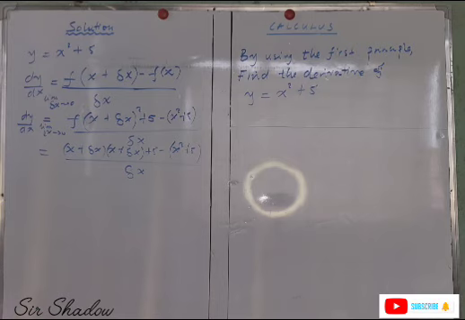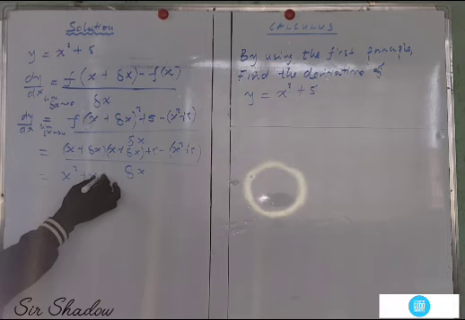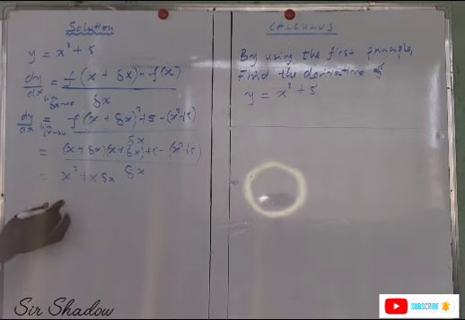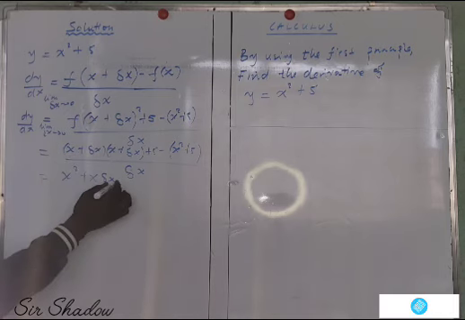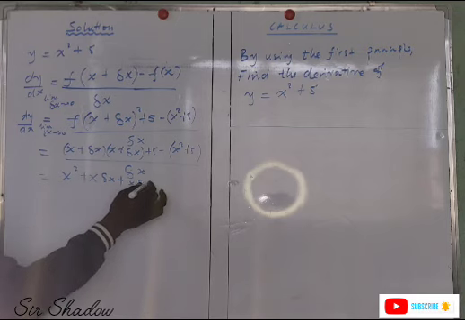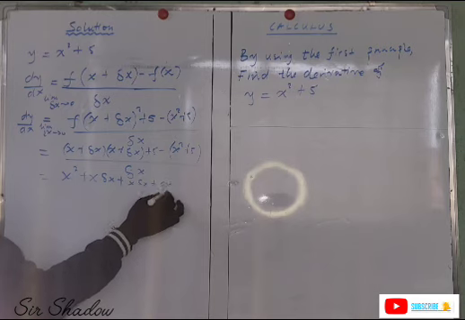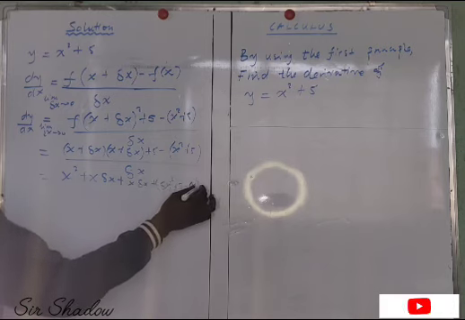So this becomes x squared plus x delta x, plus x delta x, plus delta x squared, plus 5, minus x squared plus 5.